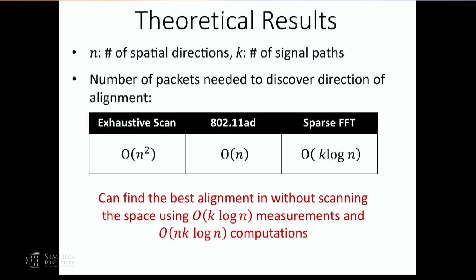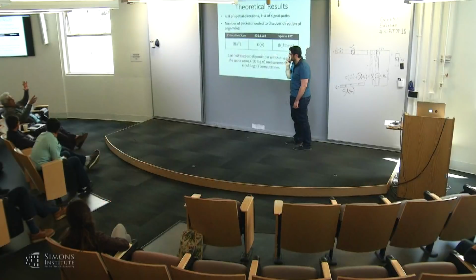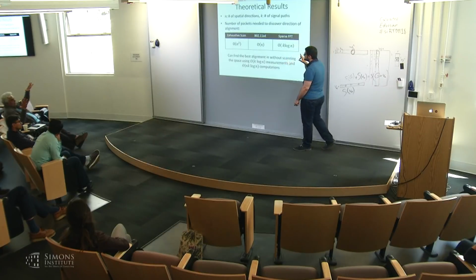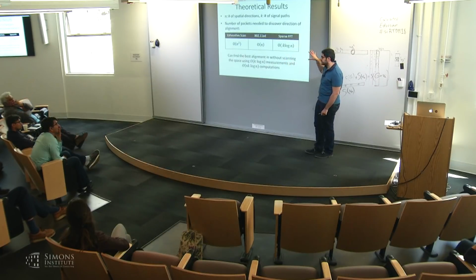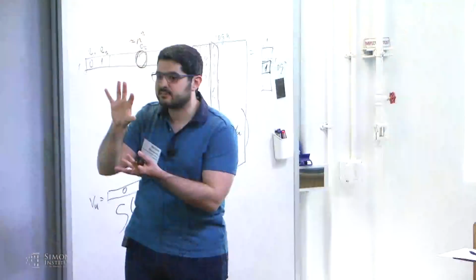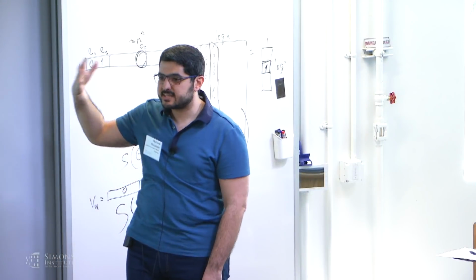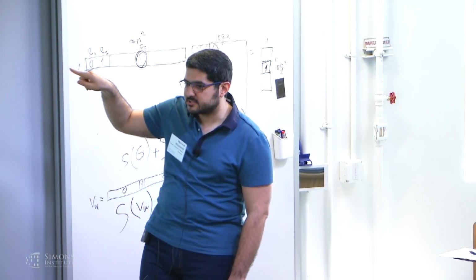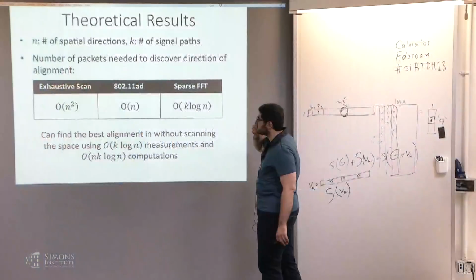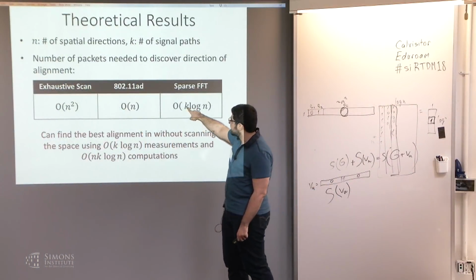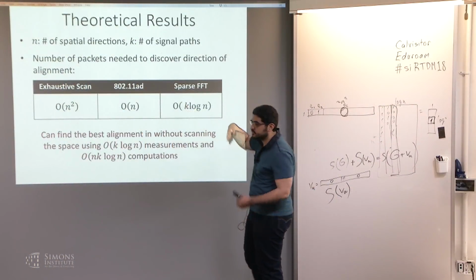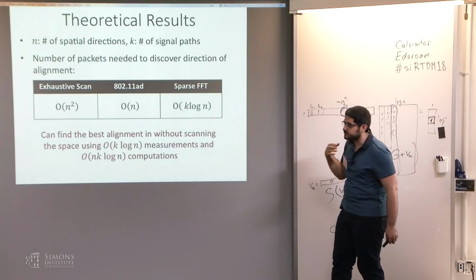So what can we show? What we can show is if you have n... Just quick question. In everything you're telling us now, is the AP the one that has all this multi-arm beaming, and so the client is just... Yeah, so basically, everything I've discussed assumes that the client is omnidirectional. There is an extension that is not part of the talk, but basically you'll incur a k² here instead of k if you were to do it from both sides at the same time.